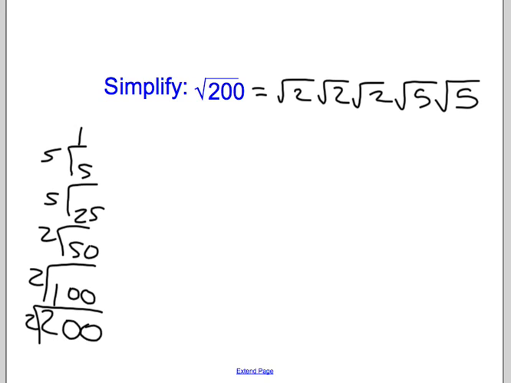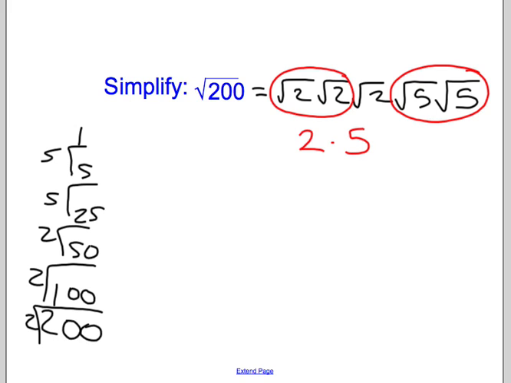All right, I'm back. So we want to look for pairs at this point. Notice I have 3 square roots of 2. I can only take 2 of them because it has to be a pair. So I'm going to look at those two. The square root of 2 times the square root of 2 gives me a value of 2. Then I'm going to look at this pair. Square root of 5 times the square root of 5 is simply 5.